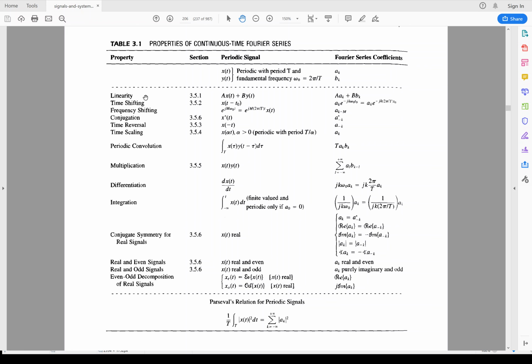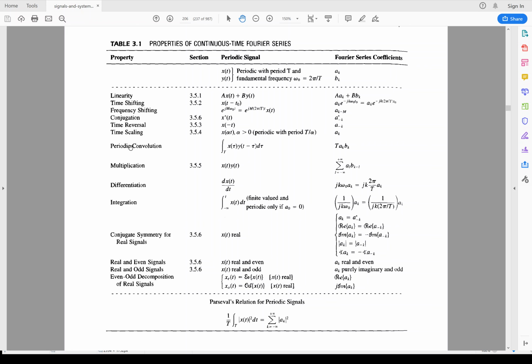The linearity property says that the Fourier series coefficients of ax plus by is a ak plus b bk. Here's the time shifting property, right? x of t minus t0 has Fourier series coefficients ak times e to the minus jk omega 0 t0. Here's frequency shifting, and so on.